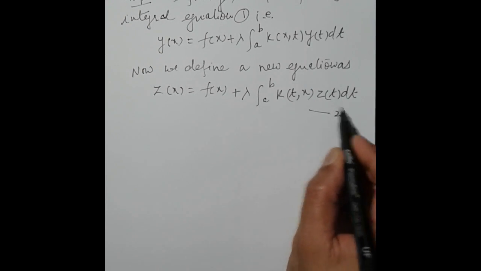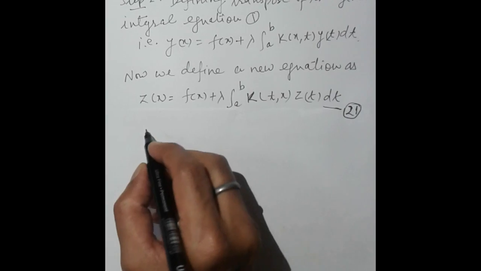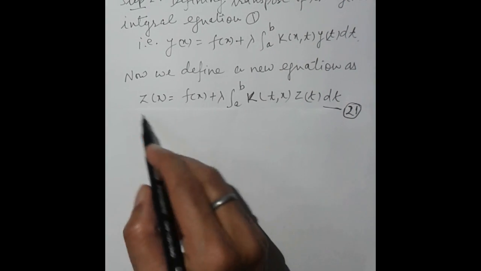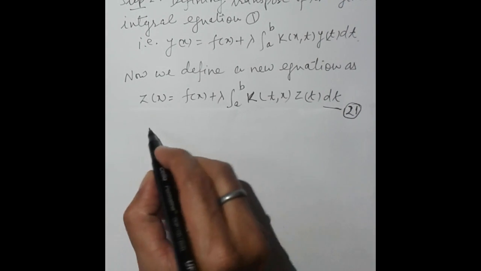This is denoted by 21, where z(x) is unknown.